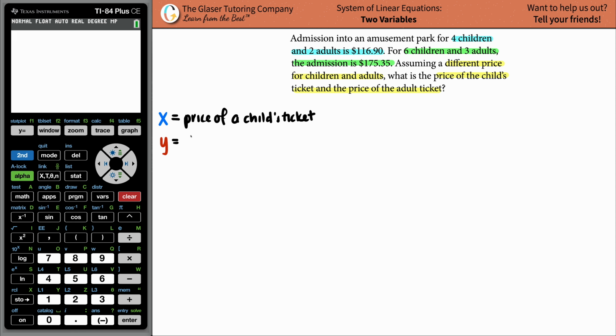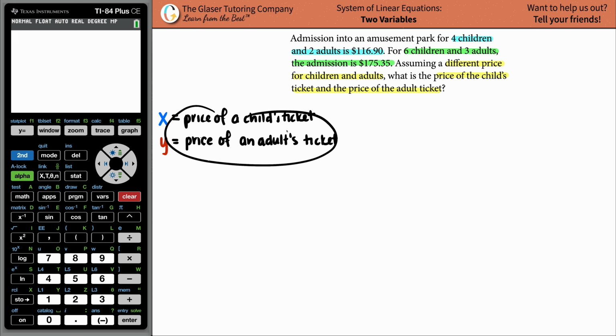X, Y, Z. So we'll say that Y is the price of an adult ticket.